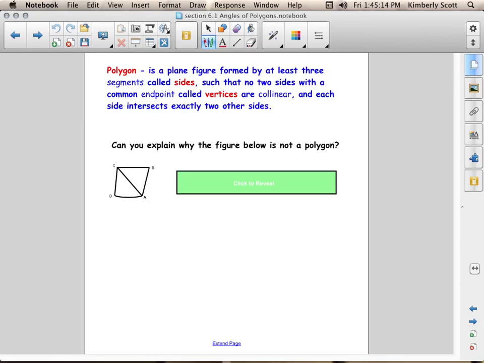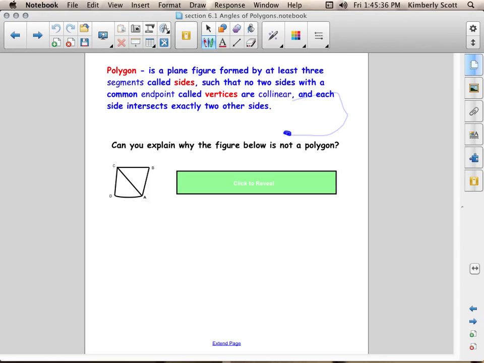Okay, it's actually quite simple. You have a bunch of segments that join together. They don't have to all be the same length. They don't have to all have the same angles. As we know, each one of these sides here is a side, and each time we have 2 sides that meet, that's a vertex.